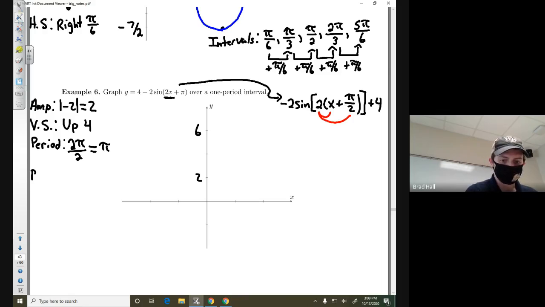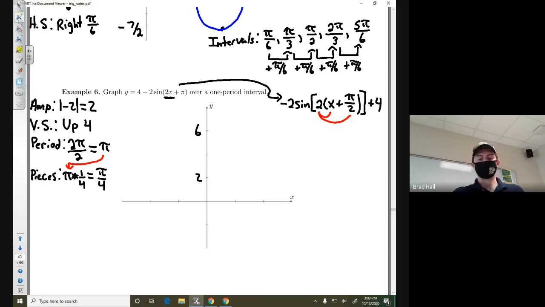So we drop that down to help us find the pieces. So pi times 1 over 4, pi over 4. And it tells us what to add to each interval value. But in order to figure out where to start, we need to figure out the horizontal shift.